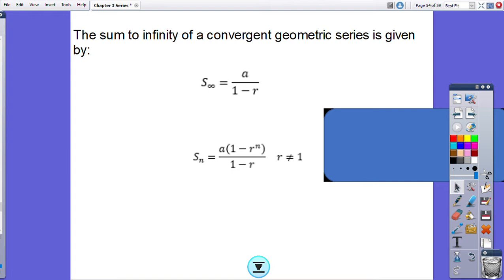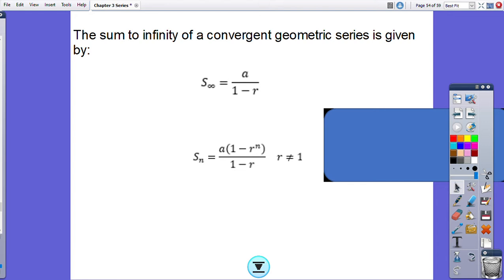Well, we'll write it down formally in a second, but just think about it for a second. If you have a value of r that is smaller than 1, say a half, when you square a half, so you do a half times a half, the answer gets smaller. And then if you did a half cubed, you get an eighth. And a half to the 4 is a 16th.